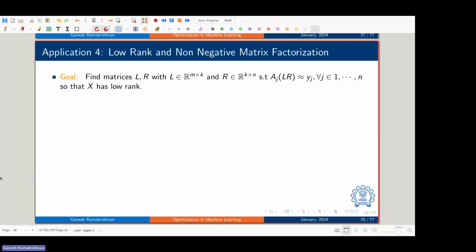That's the earlier objective. This is the more general objective. I just said wherever I have observed data, in the observed set, I should match those indices in LR as well as possible.